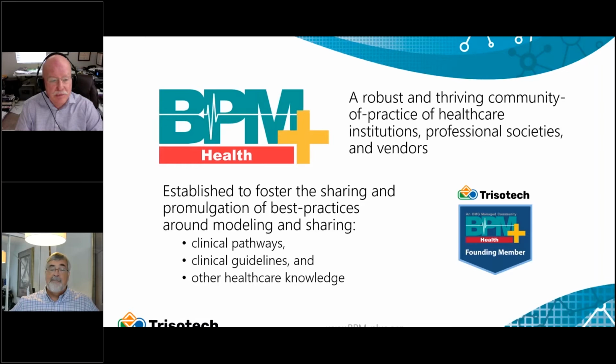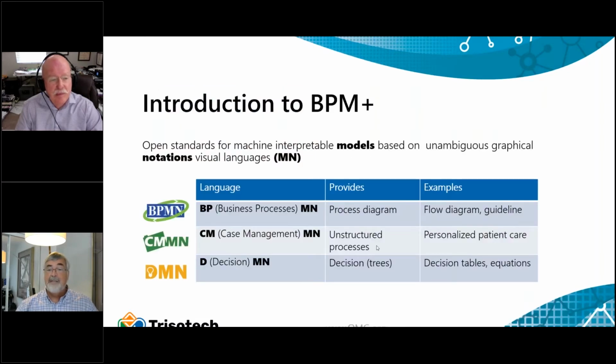Within the BPM Plus health community, the motivation is to promote the usage of some very specific process modeling standards, namely BPMN, CMMN, and DMN. BPMN is the business process model and notation, CMMN is the case management model and notation, and DMN is the decision model and notation.